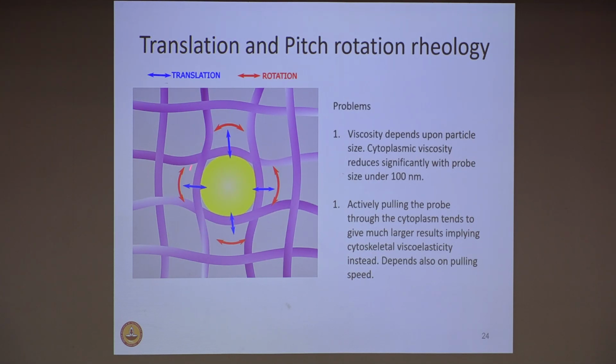The particle moves back and forth inside this network. Of course, there are motors and all that, so it is constantly doing a lot of things. There is activity, and there is also passive dynamics due to the material properties of the system.